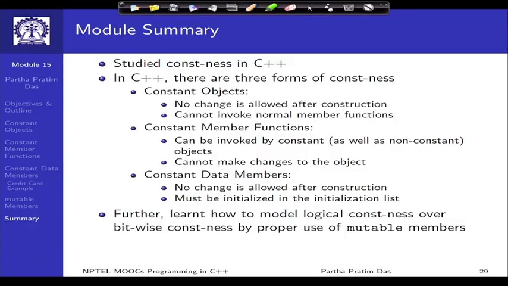We have also seen that C++ by default supports bitwise const-ness in const use, but it is possible to use a mutable data member to achieve logical const-ness, that is, we can have a logically constant concept which we can code in C++ using the mutable data member.